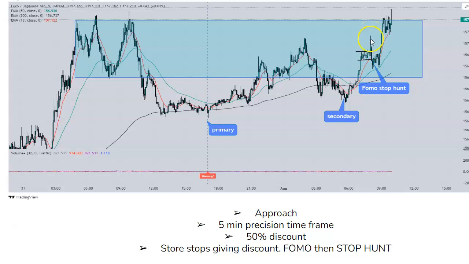And this wick here wants a bull candle, but it came right back to stop hunt. And this is what we call FOMO, which is everybody chases the price, and it comes right back to stop hunt everybody's stop loss here, because the moment that it breaks out, everybody has a stop loss here.